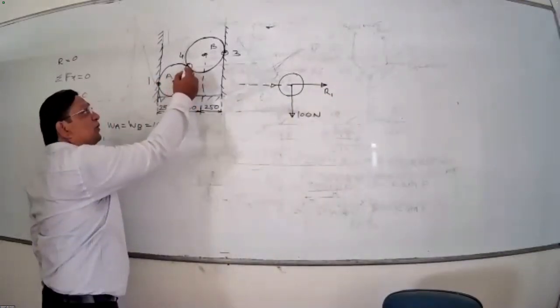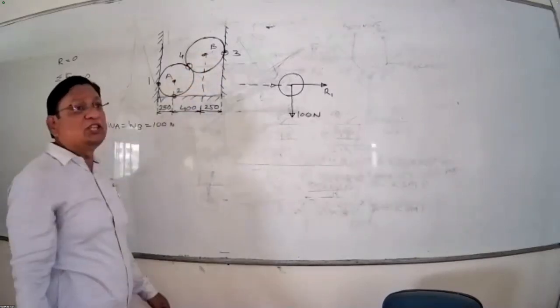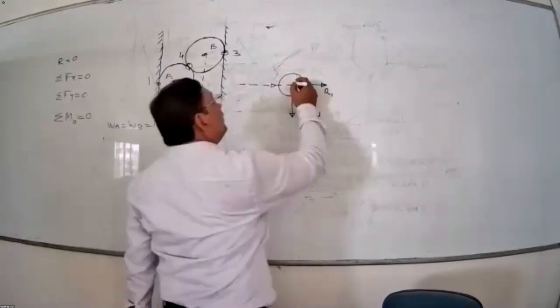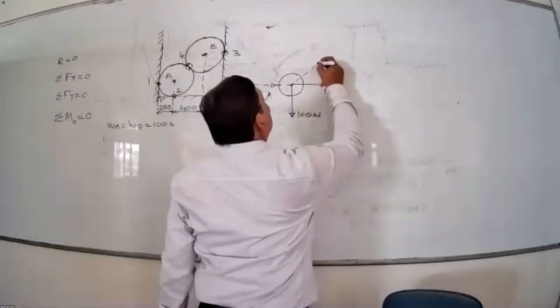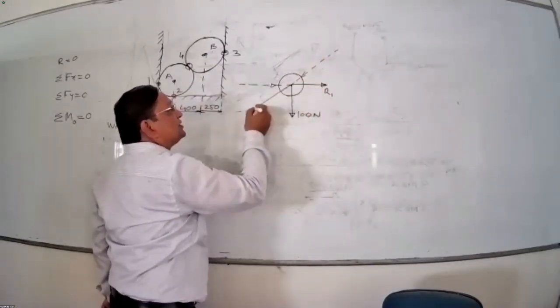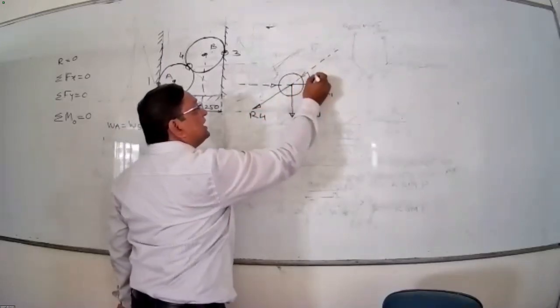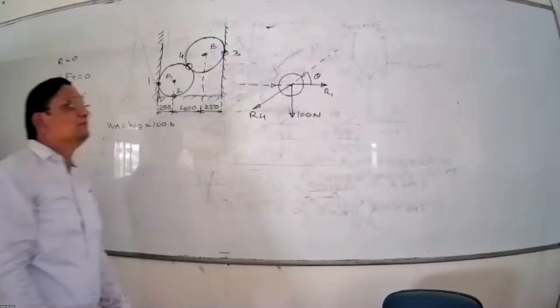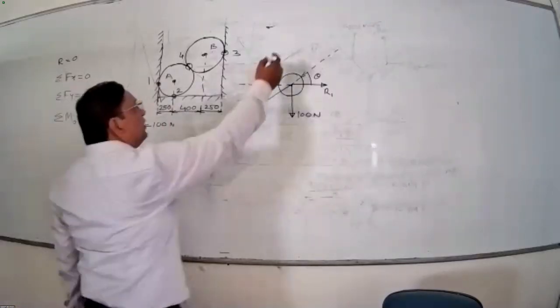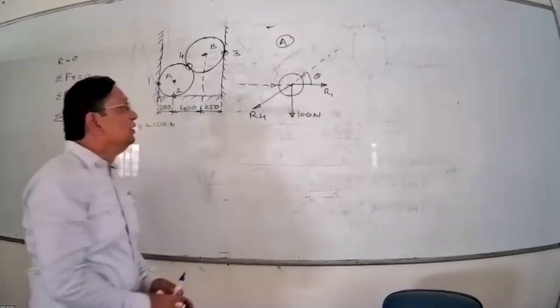Then contact point 4 is there, which is the contact between the two cylinders. Let us say that is 4, and it will be like this here. By the principle of transmissibility, I am shifting it here. This is R4. And let us say this angle is theta. I don't know the angle. So this is the free body diagram of cylinder A. Once again, observe carefully.